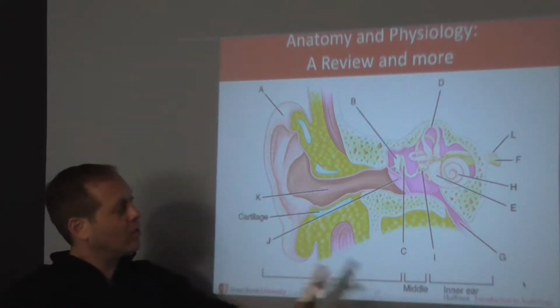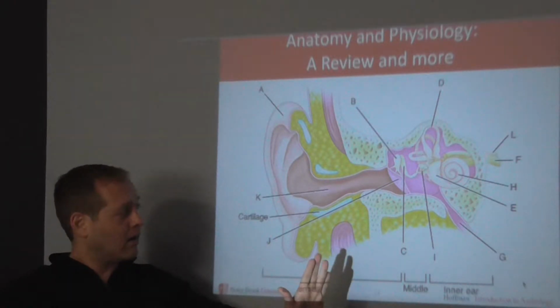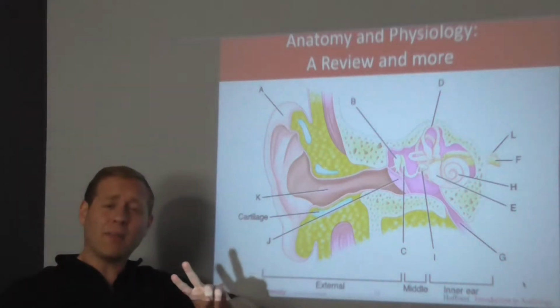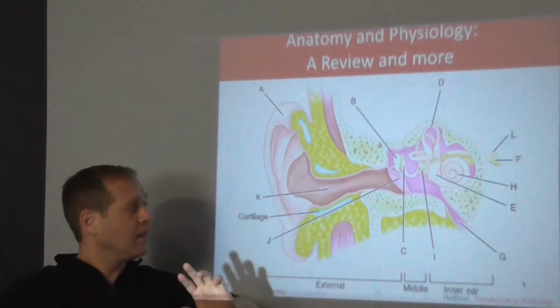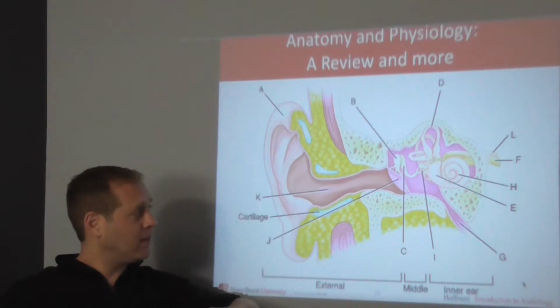Okay, so those are the major structures of the middle ear that are shown here. The middle ear also houses 2 of the tiniest muscles of the body, the tensor tympani and the stapedius. Those are both located in the middle ear, and we'll talk a little bit about what they do in a minute.